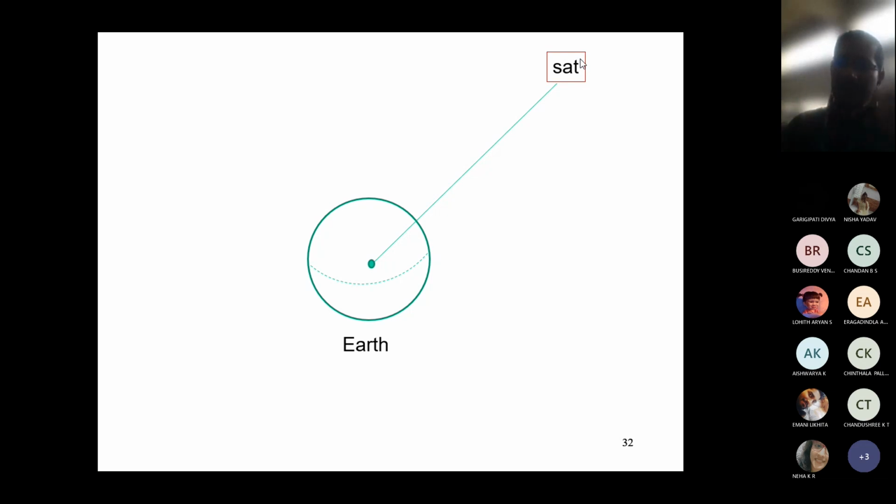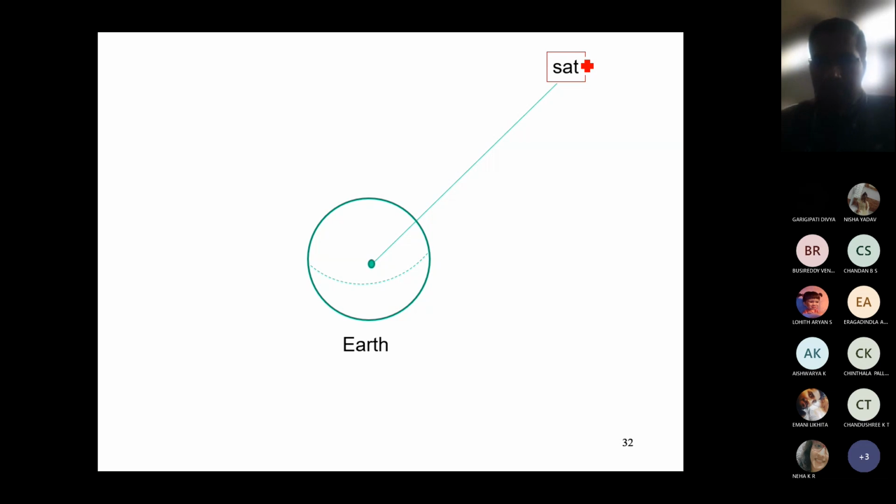The satellite can be on the equatorial plane, at an inclination angle, or in some other point, can be located in LEO, can be located in MEO. But how can we say that the location of the satellite is at this particular point? Or in other words, how can we find the location of the satellite?